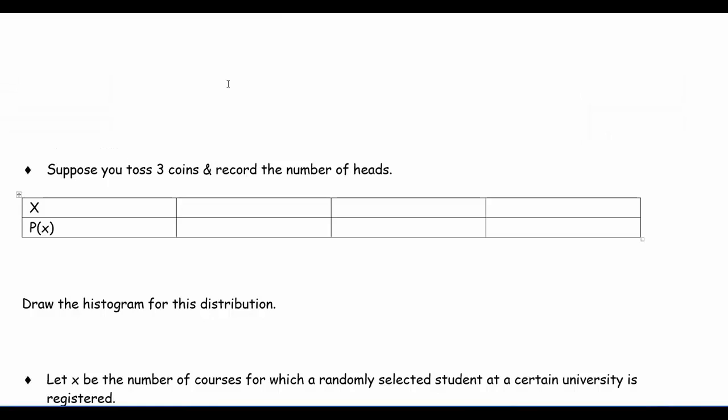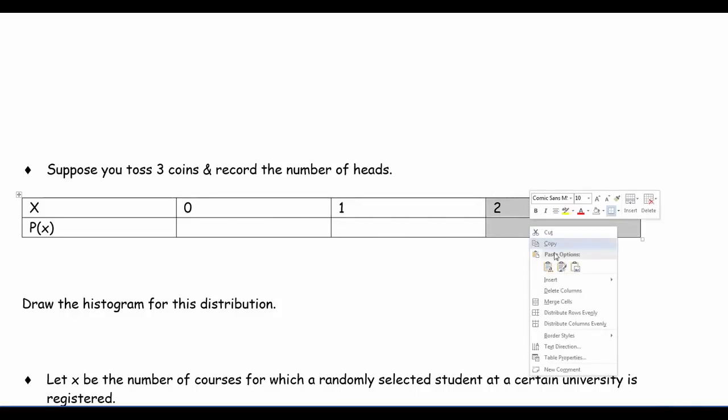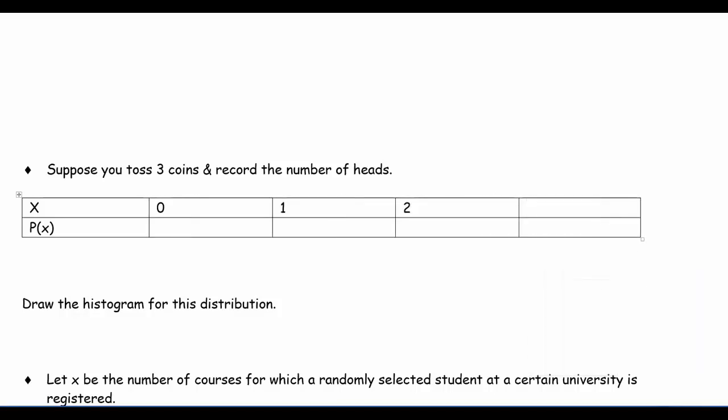Okay, so let's think about what might happen. As I toss coins, I could see 0 heads, I could see 1 head, I could see 2 heads, or I could see 3 heads. Let me get one more column here. Okay, so let's think about the various ways that this could happen.